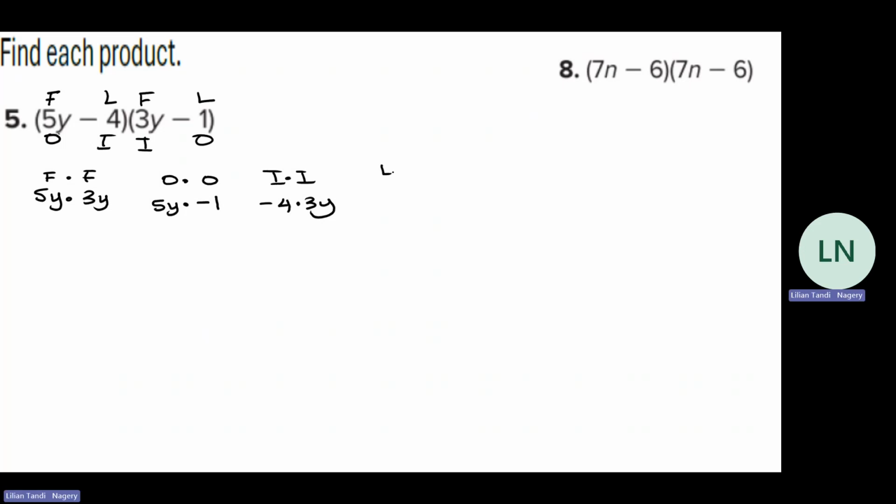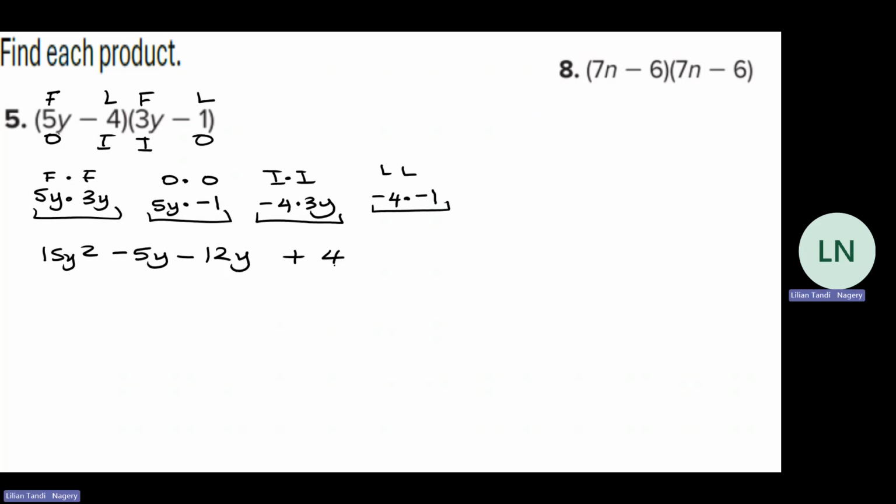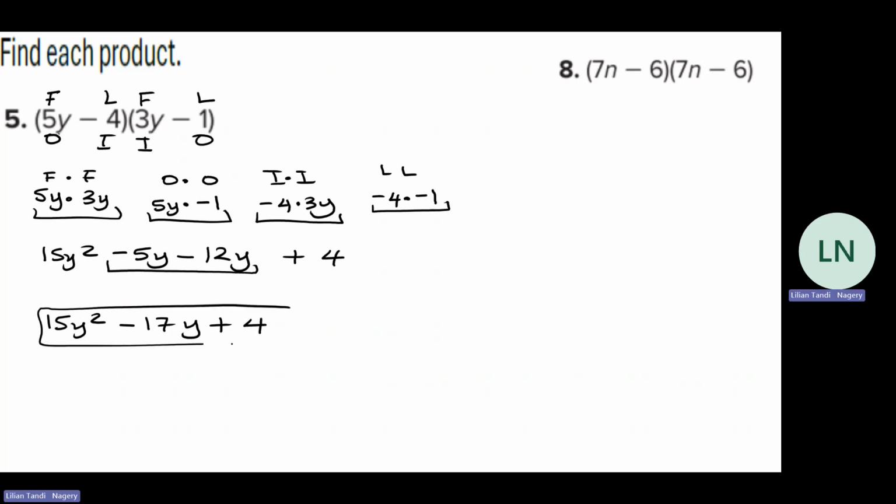Then I'm going to do my lasts, -4 times -1. 15y squared, -5y, -12y, plus 4. This becomes 15y squared minus 17y plus 4. And you box your answer.